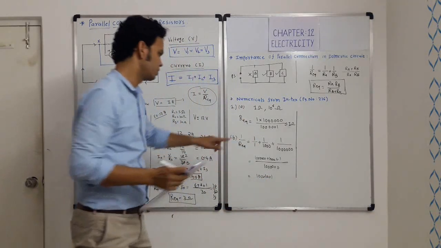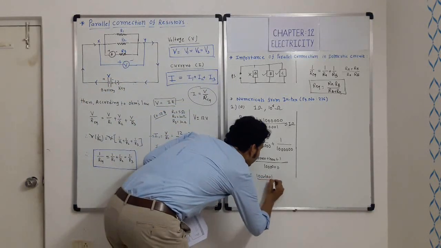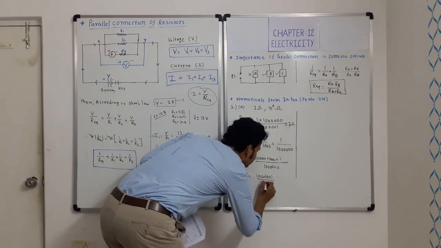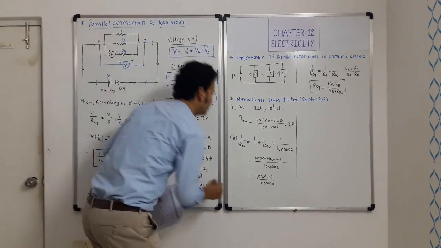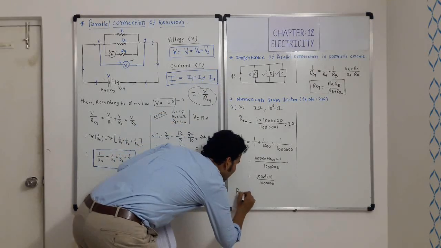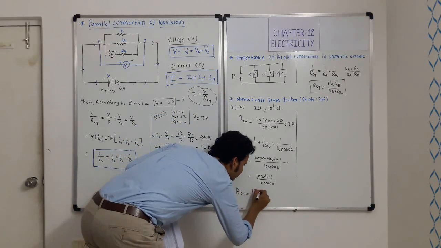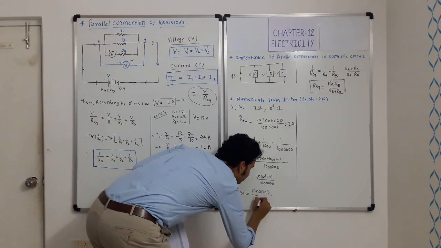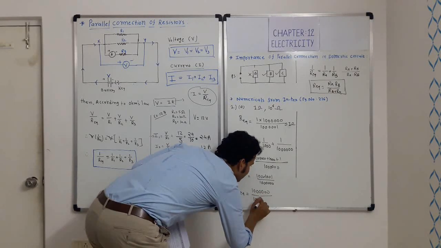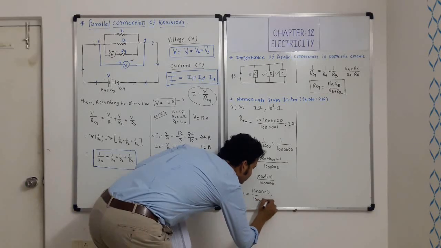So this is 1 upon R equivalent. So R equivalent is equal to 10 lakh upon 10 lakh 1001.